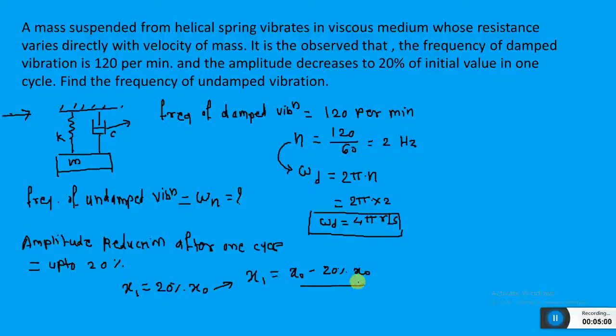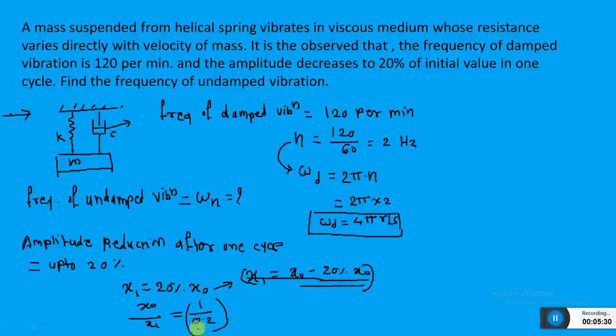And up to 20% means we can directly write this relation x1 is equal to 20% of the x0. So from this relation, we will get x0 by x1 is equal to 1 by 0.2.